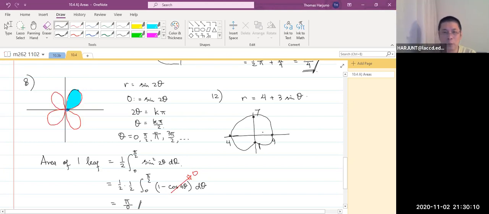Because it is symmetric with respect to the y-axis, the area equals 2 times 1/2 integral from negative pi over 2 to pi over 2 of (4 plus 3 sine theta) squared d theta.